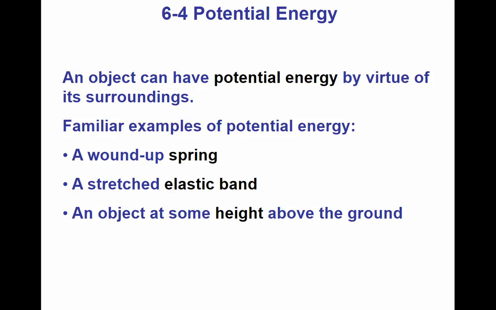We're going to look more closely at springs, because springs have easily identifiable characteristics, like spring constants, the stiffness of the spring. We're going to learn how to find the spring constant of a spring and things like that.